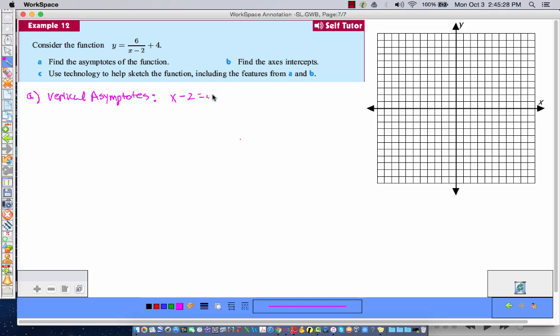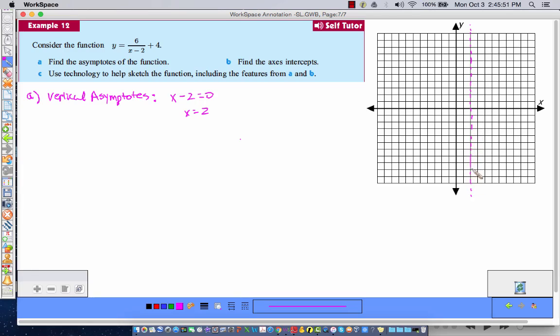So if I set the denominator equal to 0 and solve, I know that is where the vertical asymptote is, because the function is undefined there. But more importantly, it's when we are dividing by 0, or when it would force us to divide by 0.